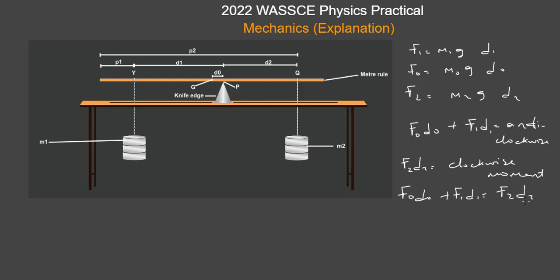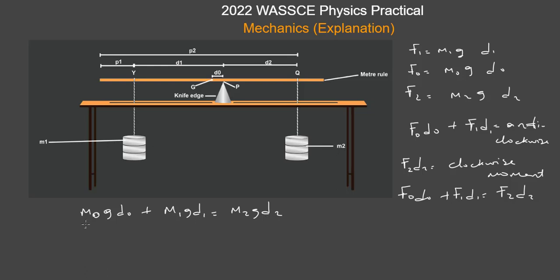So the next thing I want you to do is let's substitute the m's and the g's. If you do that, you're going to get something like this: m naught g times d naught plus m1 g times d1 equals m2 g times d2.